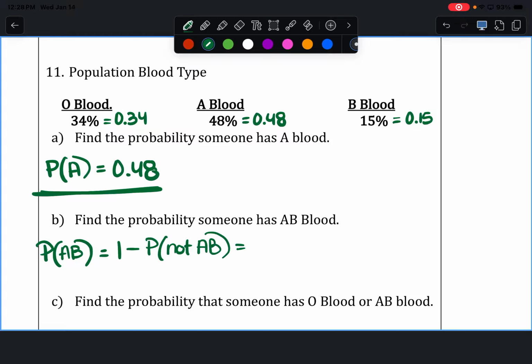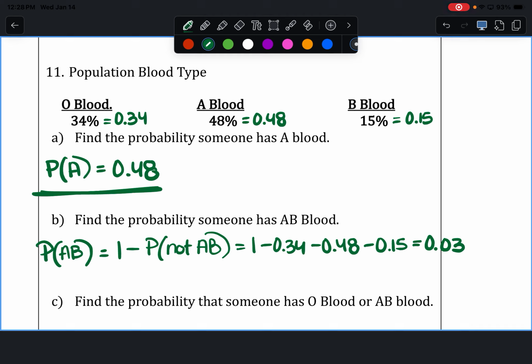Which means we need to say 1 minus what? 0.24 minus 0.58 minus. And what does that give us? 0.03.